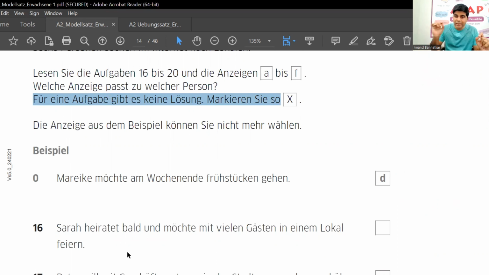Out of the remaining 5, you only select 4, because one of the purposes has no advertisement to solve it.